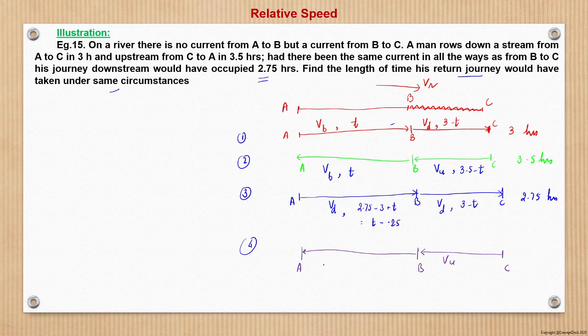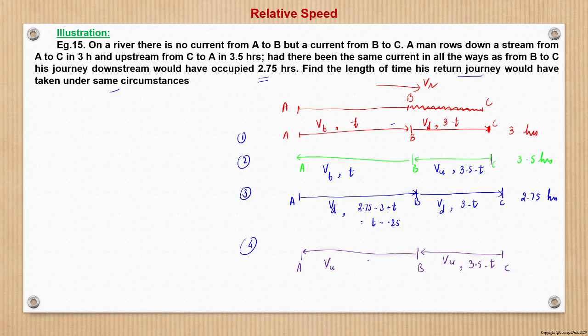So here it is velocity upstream. Now see, when velocity is upstream, as in case 2 from C to B, same distance at the same speed of VU, and here also the same distance and VU speed. So time will be again 3.5 minus T, right?